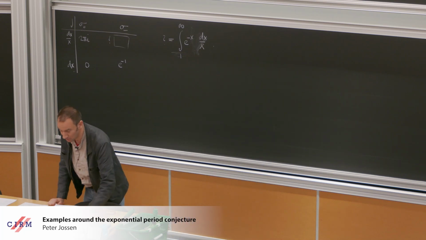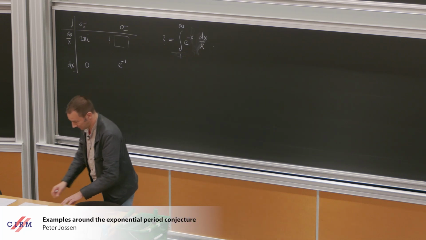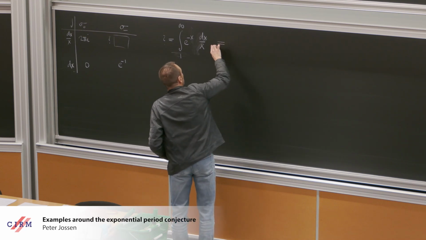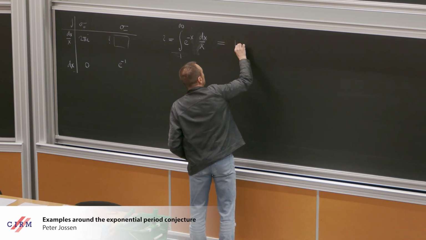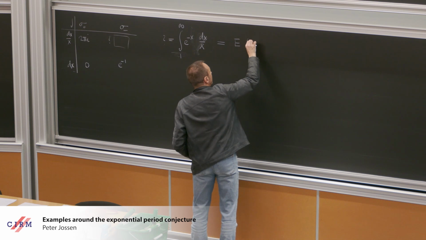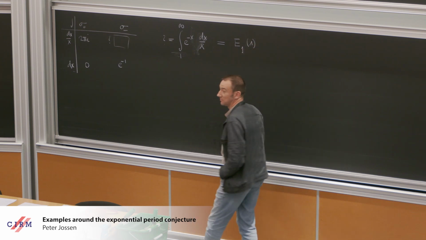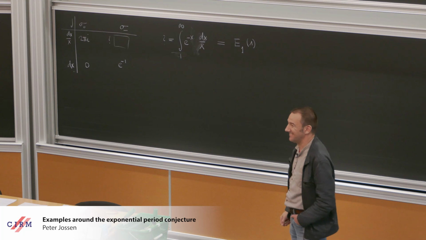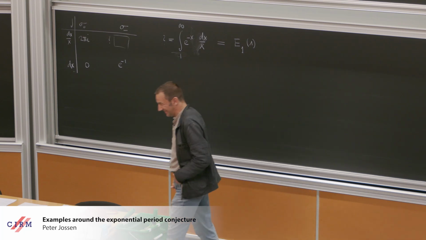Either you know or you ask a computer, and it will spit out that this is the value at 1 of the exponential integral function, which is pretty much a tautology this way.